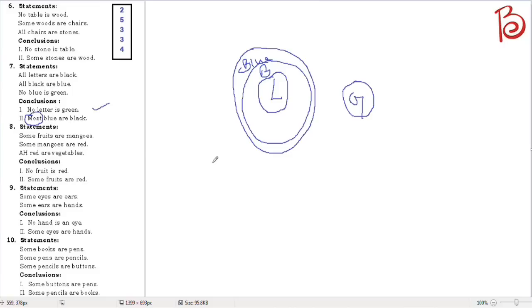Okay, so most we can say as some. Okay, because there are only three major things. One is all, second one is some, and third one is no. Okay, our aim is to convert everything into these things.